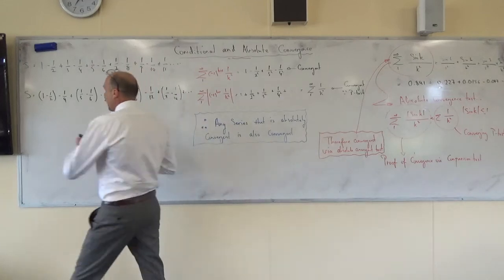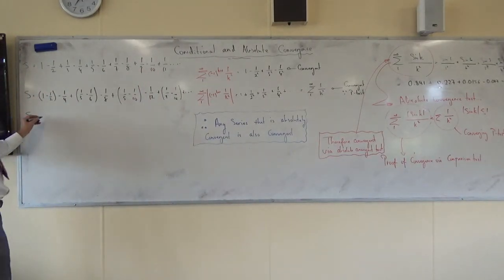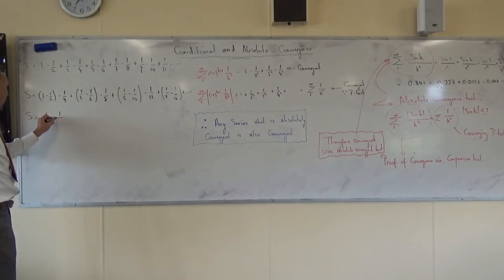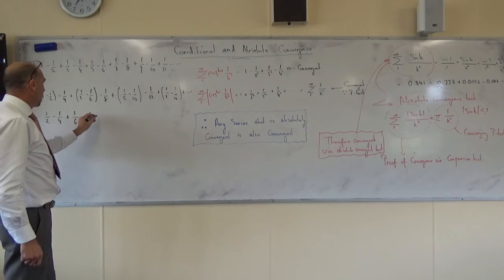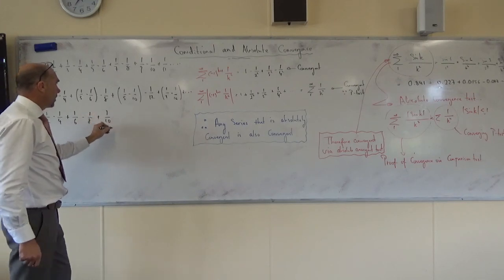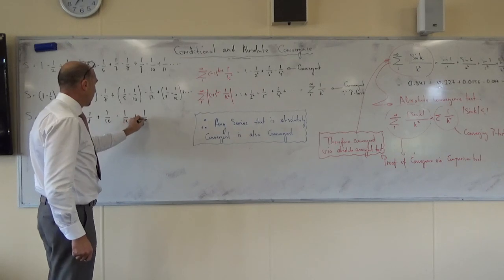So let's just quickly have a look at this. S equals, what's 1 minus a half? A half. What's a half minus a quarter? A quarter. What's this? 1/3 minus a 1/6 is plus a 1/6. Minus an 1/8. Plus a 1/10. Minus a 12th. Plus a 14th.